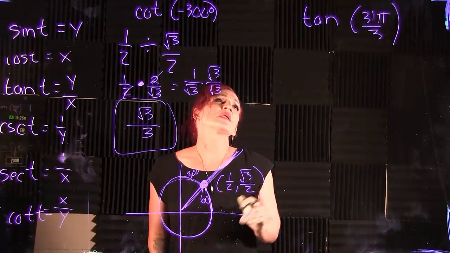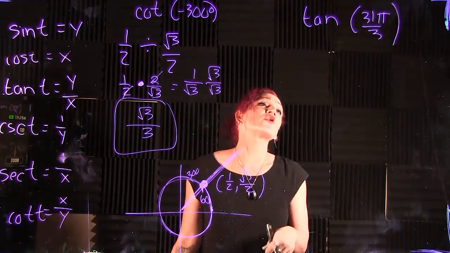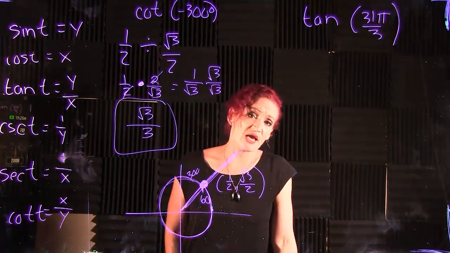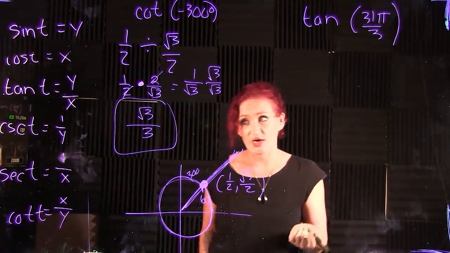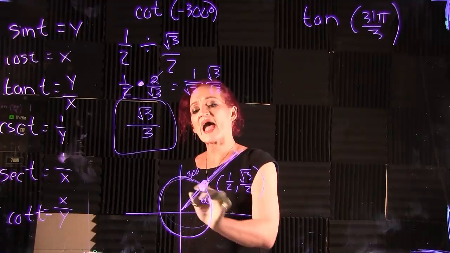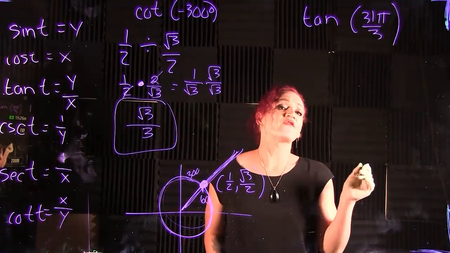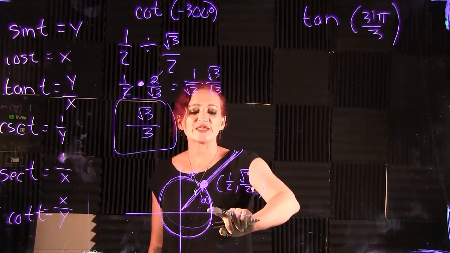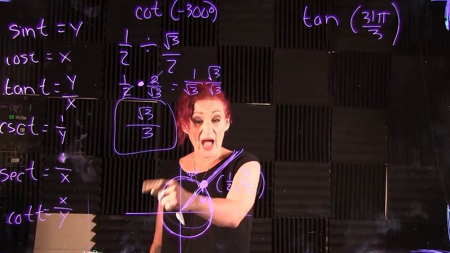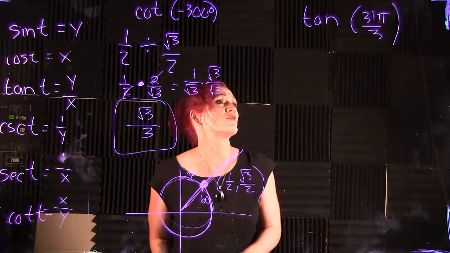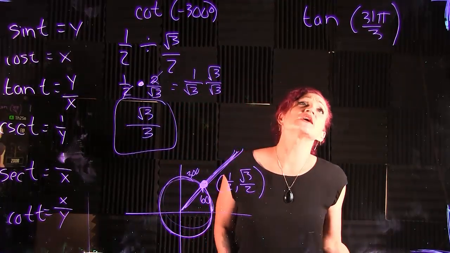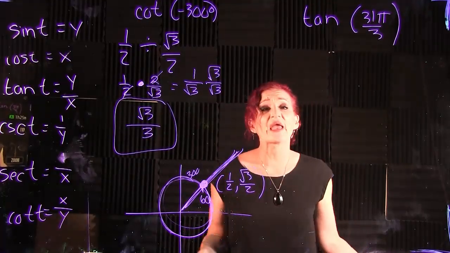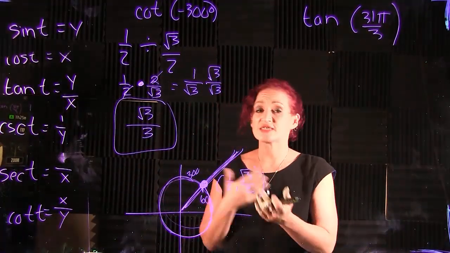Now when we look at something like tangent of 31 pi over 3, that is a large angle. Keep in mind that when we have large angles, we want to find the comparable coterminal angle, the angle between 0 and 2 pi, within one loop of our unit circle. So you want to take 31 pi over 3 and subtract 2 pi until you get something within 0 and 2 pi.